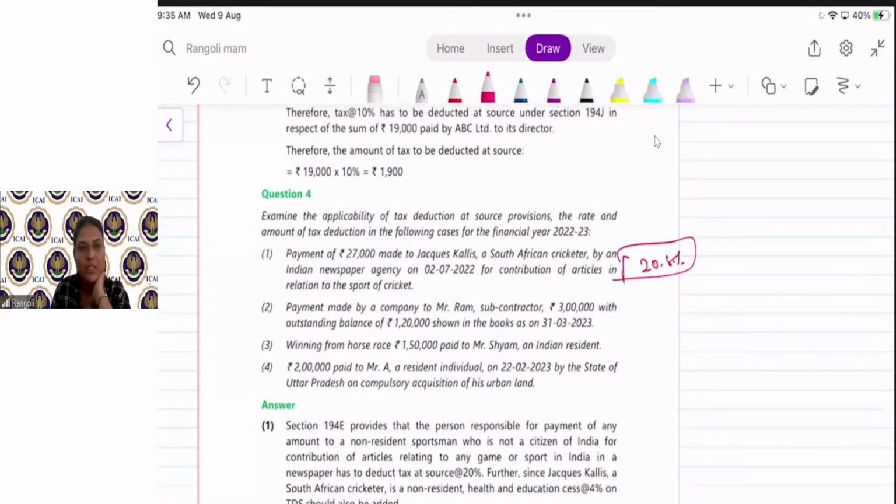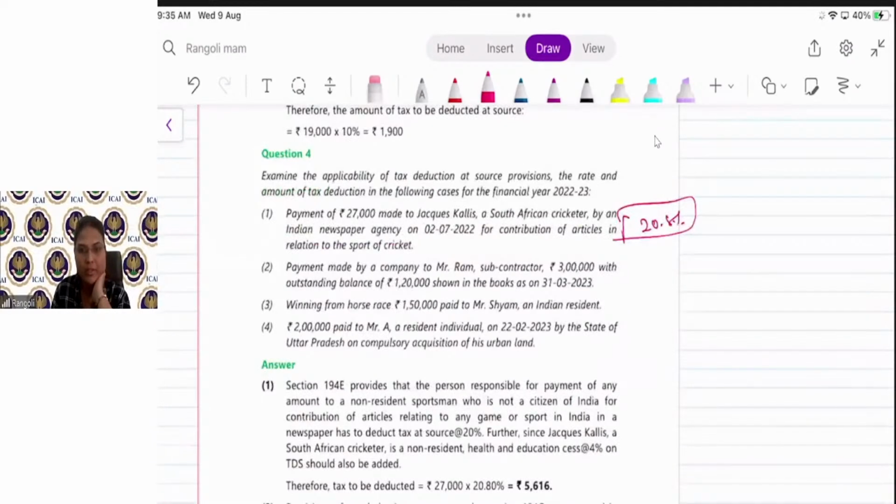Payment made by company to Ram, subcontractor, 3 lakh, with outstanding balance of 1,20,000 shown in the books as on 1/3/23. Now the payment made is 3 lakh, right? And still 1,20,000 is outstanding. So total comes to 4,20,000.